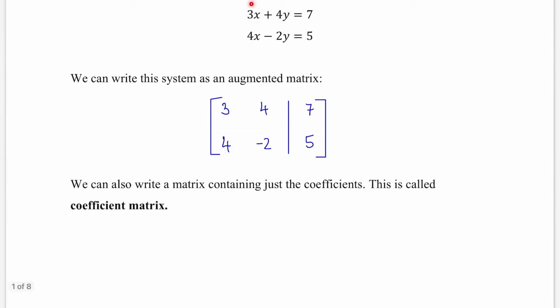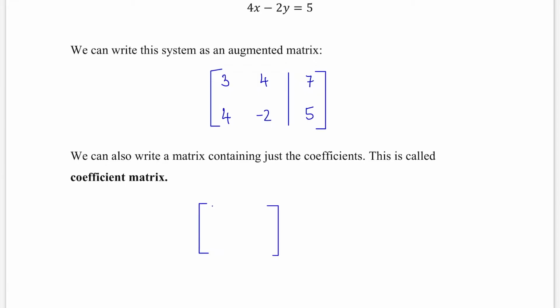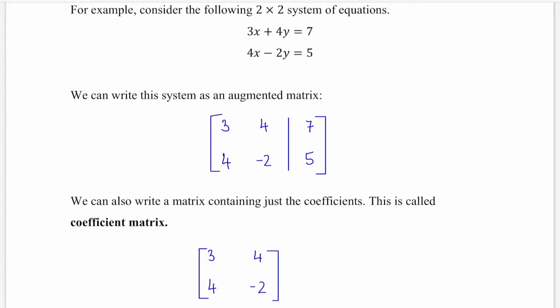For example, if we create the matrix with only 3, 4, 4, and -2, that matrix is called the coefficient matrix. It only contains the coefficient of x and the coefficient of y. So that's the difference between the augmented matrix and the coefficient matrix.